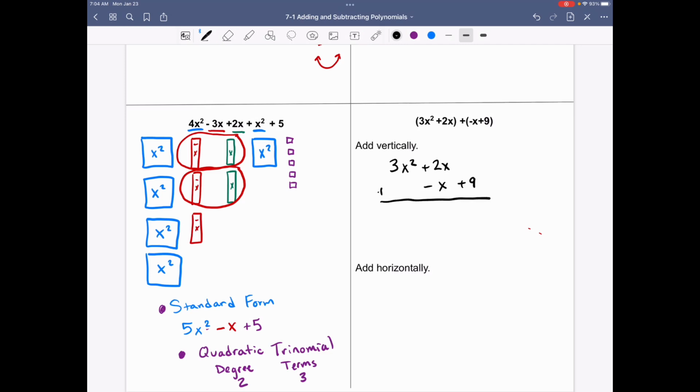We're going to add these. So you get 3x squared. You get 2x minus x is just x. Because you could draw that if you needed to. And you would see that you would have a 0 pair with a positive x remaining, right? So you would have x, and you would have an x, and you would have a minus x. These ones cancel, leaving us with just the x. And then we have plus 9. And that is it, and it is also a quadratic trinomial.